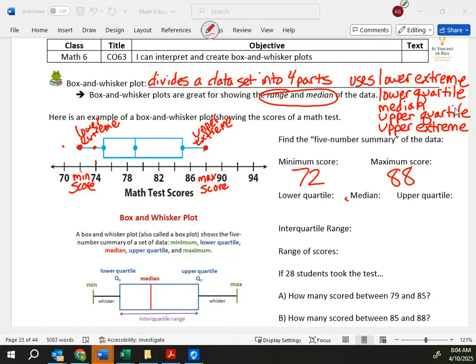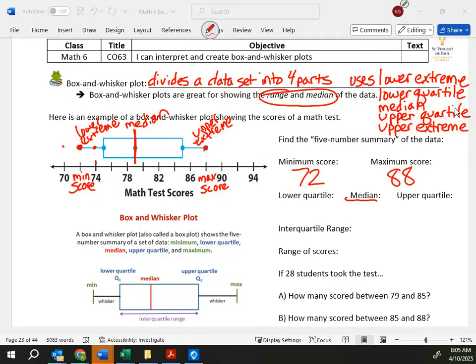Where do you think our median is? Emma? The line in the box would be that. So that line that's in the middle of the box is our median, because it's the middle of the box. What number would that come down to?